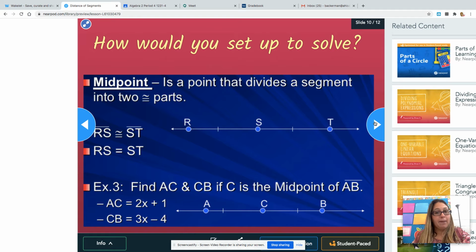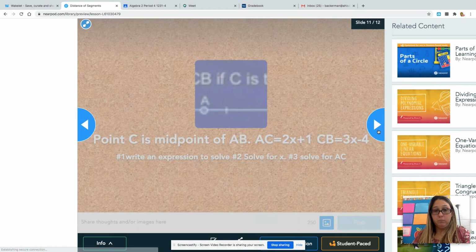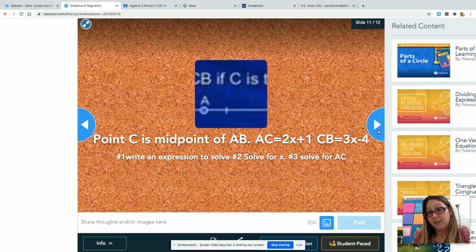When that happens, you know that AC is equal to CB, and you can set those two algebraic expressions equal to each other. So in this case, I can say 2x plus 1 equals 3x minus 4. In class, we did kind of our own little bulletin board where we wrote the expression out.